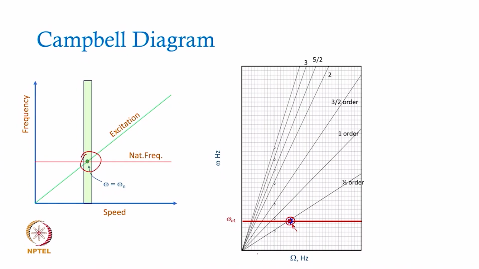So, if I am approaching this particular rotational speed, so this is my operating speed, I will be bumping across these resonances as well. So, these are the two additional resonances that I need to worry about. The only thing is, these resonances will be excited by the higher frequency component of the excitation.